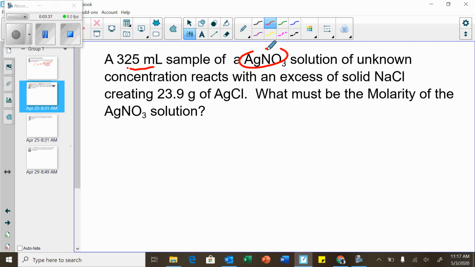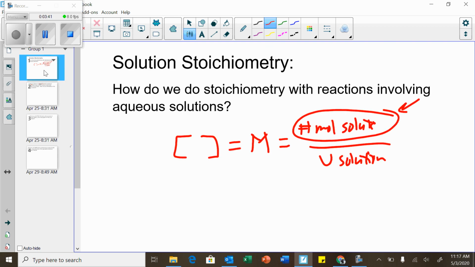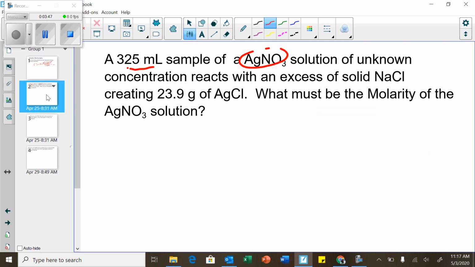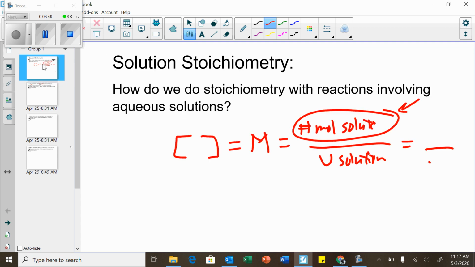And then if we know moles of silver nitrate, again, we can just stick it in this equation over here, right? We know this number here is 325, I think. 325. So we know this number here is 0.325 liters. And so we just need to find moles of AgNO3, and we can stick it right there.